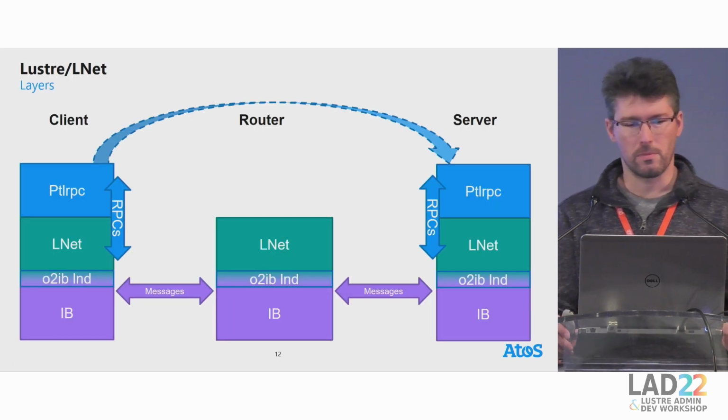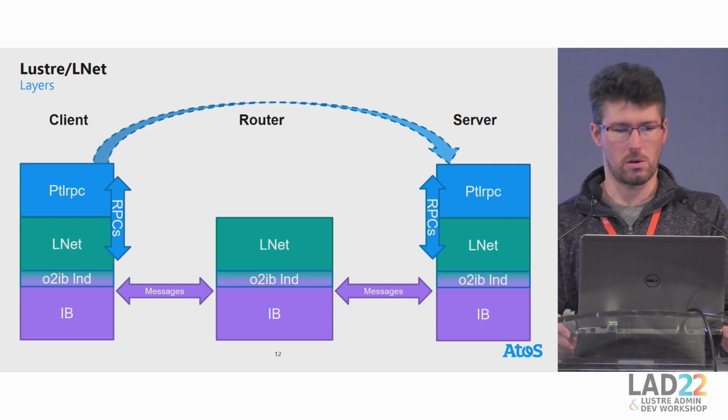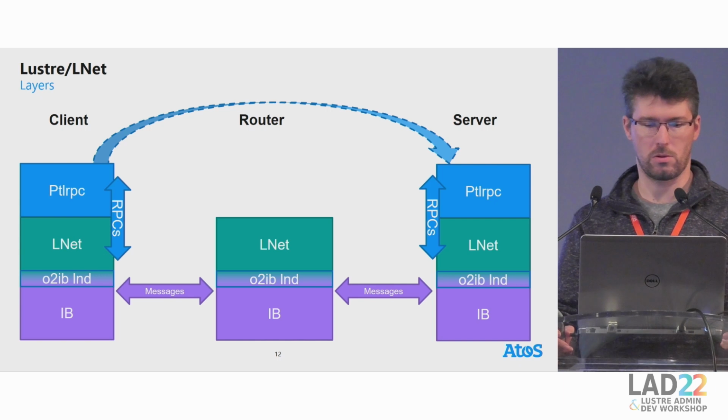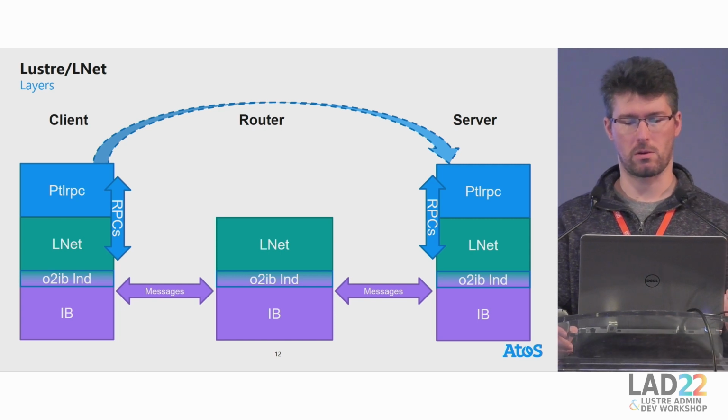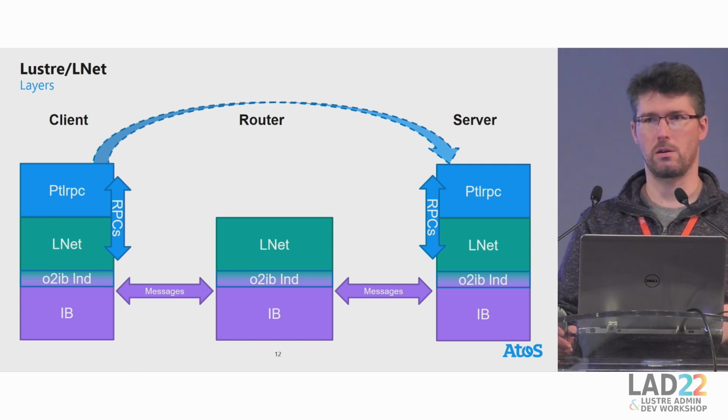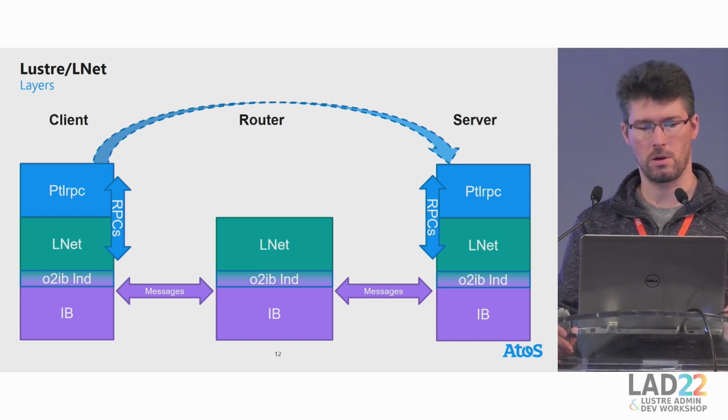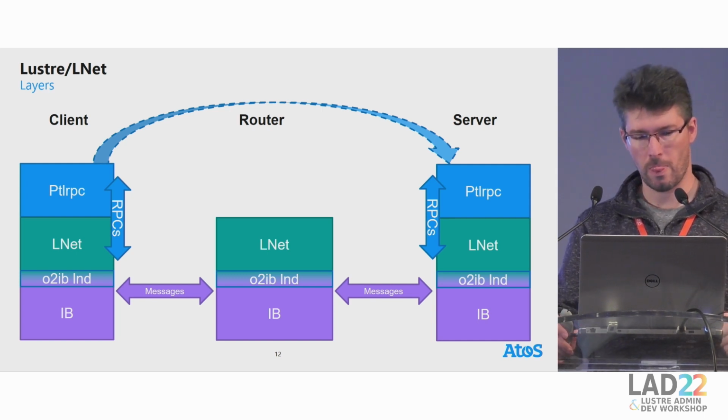When you have a router, let's take the example of one client, one router, and one server. What you need to remember is that LNet is just like any other network protocol. It's based on different layers, like the OSI model.